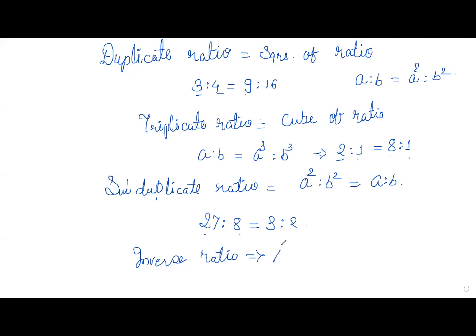Then inverse ratio, for a is to b, it is 1/a is to 1/b. Okay, so these are the types of ratio or concepts of ratio. Then compound ratio is nothing but multiplication of ratios. Compound ratio, it is also called compounded ratio.